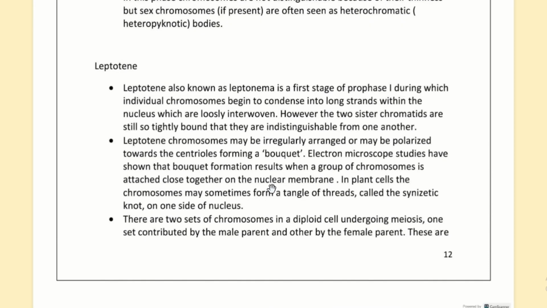Leptotene. Leptotene, also known as leptonema, is the first stage of prophase 1, during which individual chromosomes begin to condense into long strands within the nucleus which are loosely interwoven. However, the two sister chromatids are still so tightly bound that they are indistinguishable from one another.